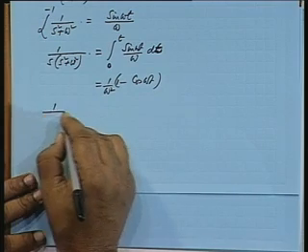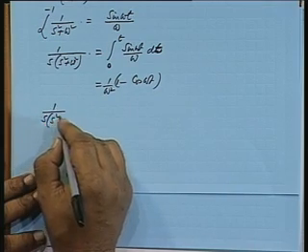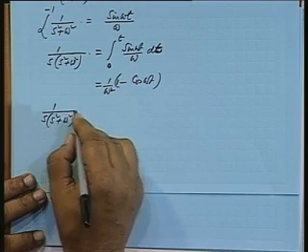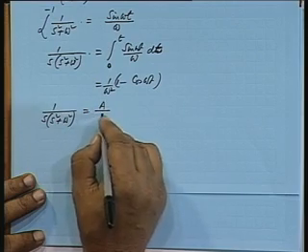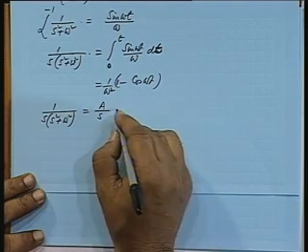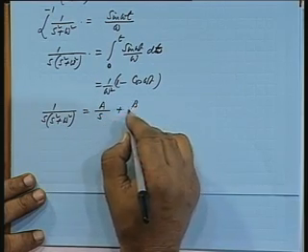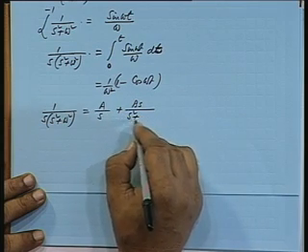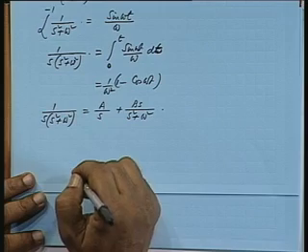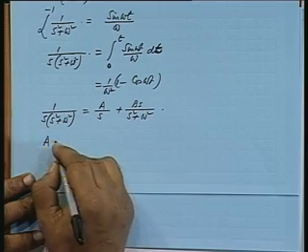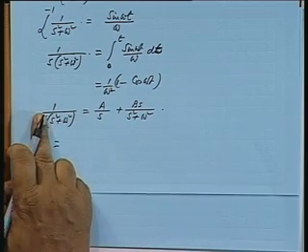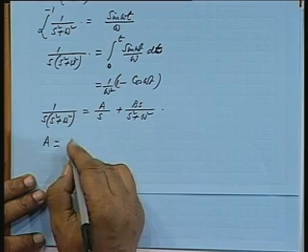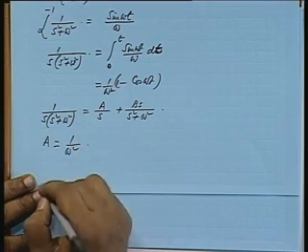I can write this as A by s plus (Bs plus C) by (s squared plus omega squared). Let us see how much is A. Multiply by s, put s equal to 0, it will be 1 by omega squared.